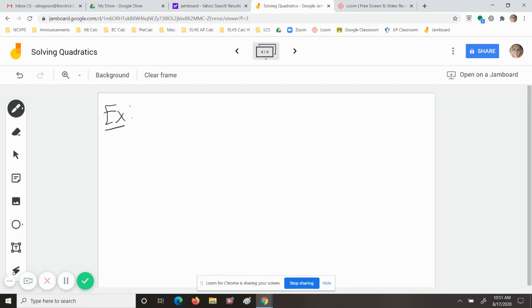Okay, so let's say that we have a rectangle given to us, and we have some expressions for length and width, and they tell us that the area is 116 square centimeters, and they want us to find the value of x. So we're going to have to make an equation, and then we're going to have to solve it.